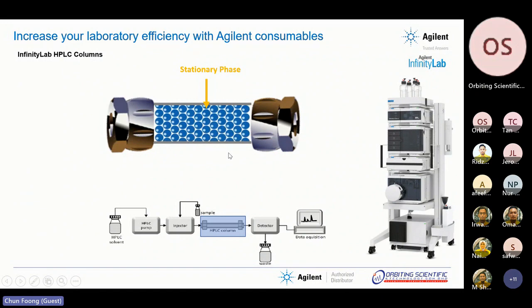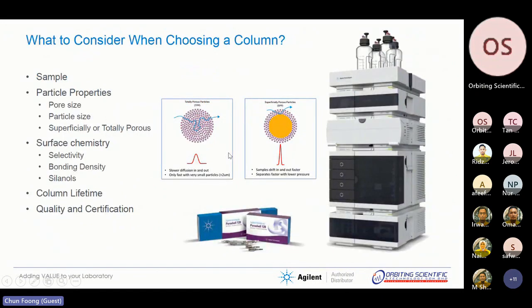Here I would like to share what we need to consider when choosing a column. Of course, it is based on your sample type, whether the sample requires a high pH or is ionizable, and whether it is a macromolecule or a small molecule.